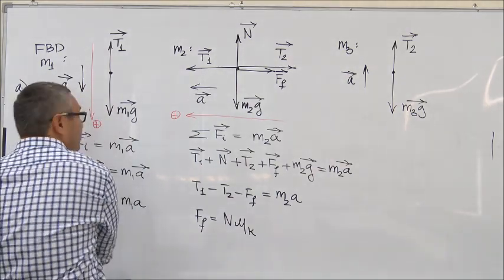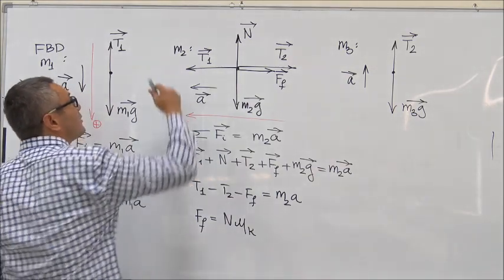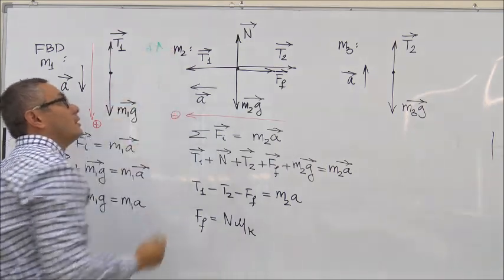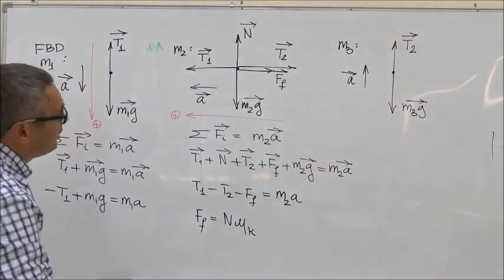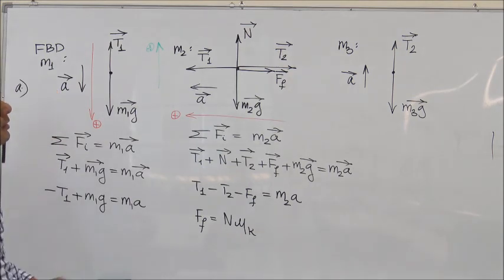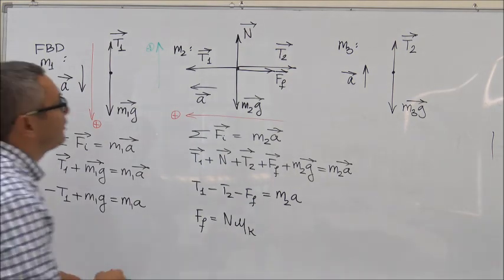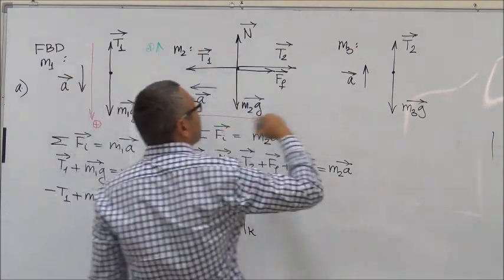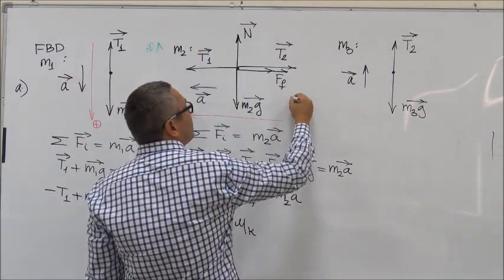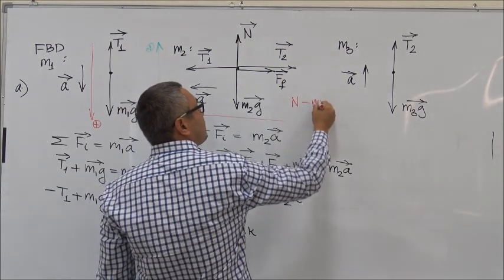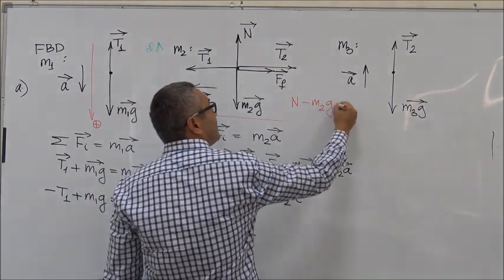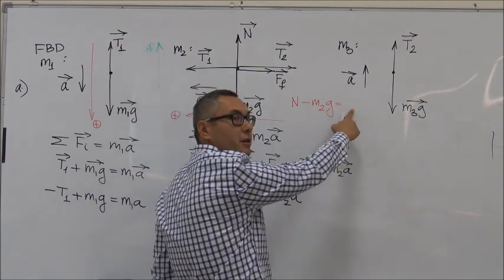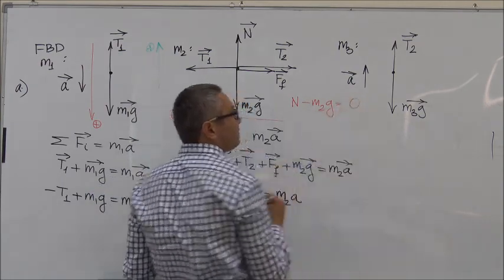If you introduce a vertical direction, for example, the upwards direction as being positive, then Newton's second law for the vertical component will say that normal minus m2g is equal to m2 times the vertical acceleration, which is 0.